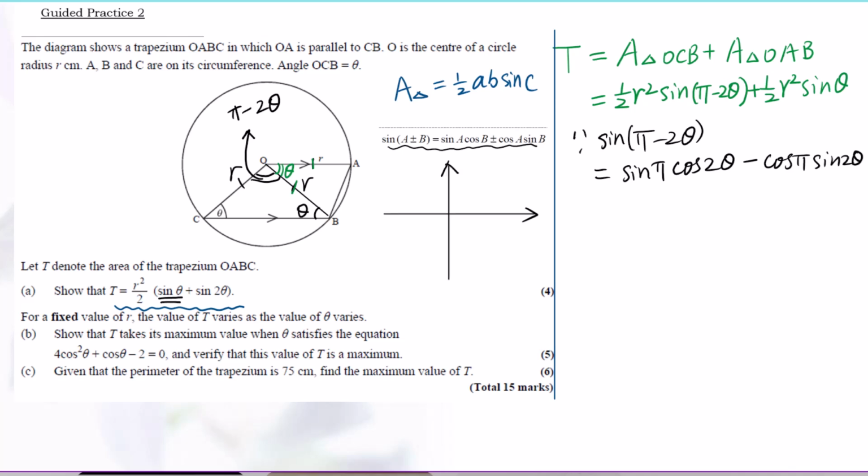Try to remember this diagram for the unit circle: 1, 0; 0, negative 1; 0, 0; 0, 1, undefined; 0, negative 1, undefined.